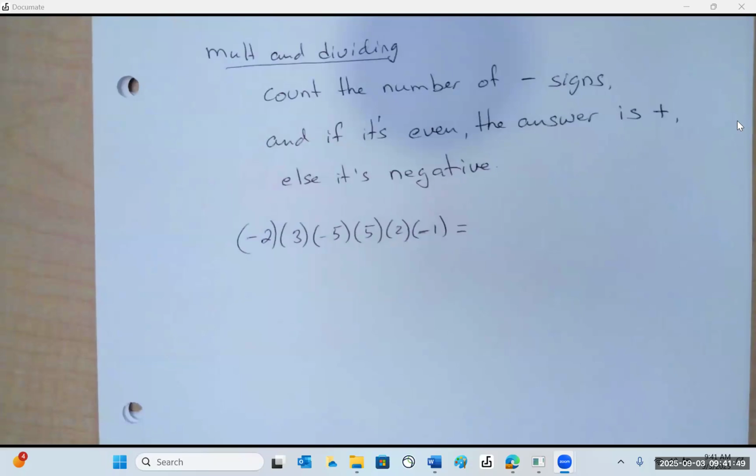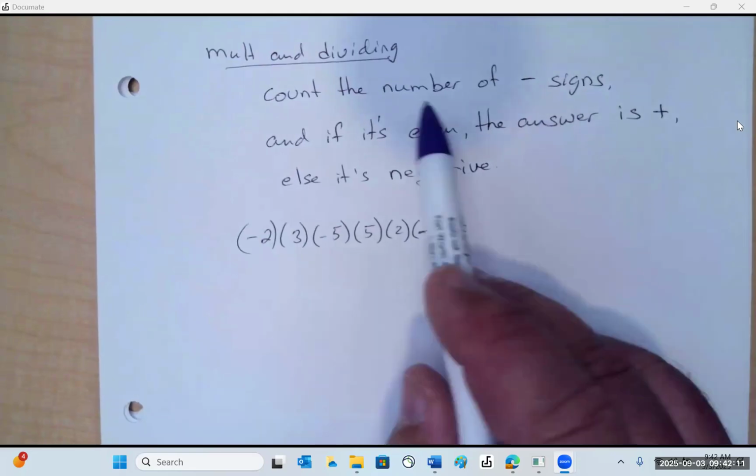Is the answer going to be positive or negative? How many negatives are there? Is that odd or even? Three is even? Three is odd. So since it's odd, the answer is negative.